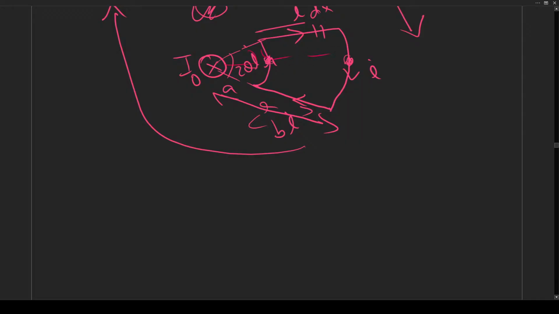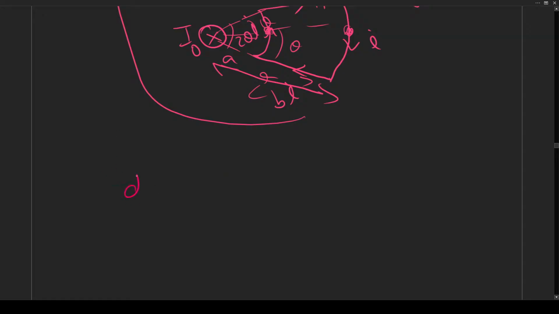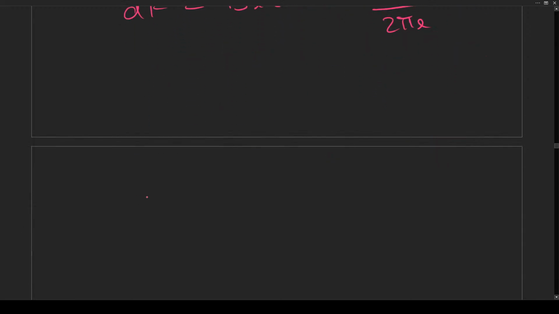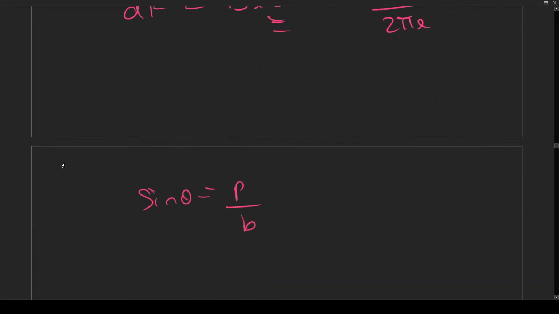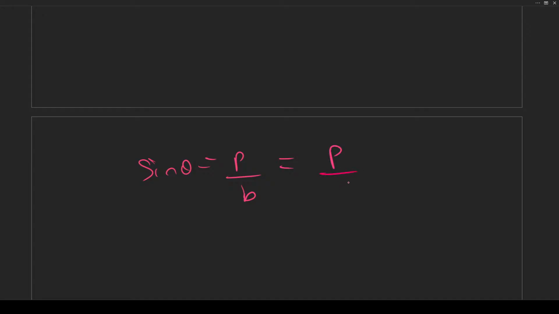Yes, let's split this up into theta and theta, where dF is equal to B I dr, is equal to I naught mu naught by 2 pi r dr, and sine theta is equal to p by b, where p is the perpendicular distance by the base, which we can take as r.